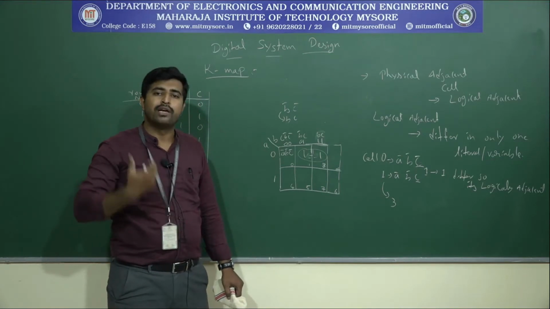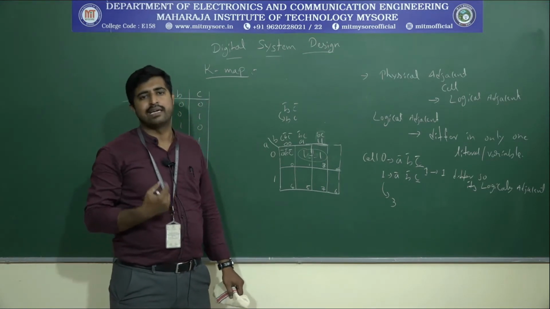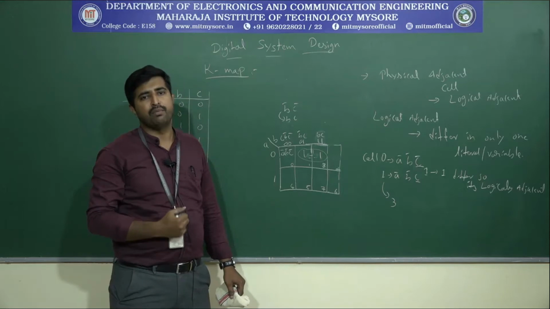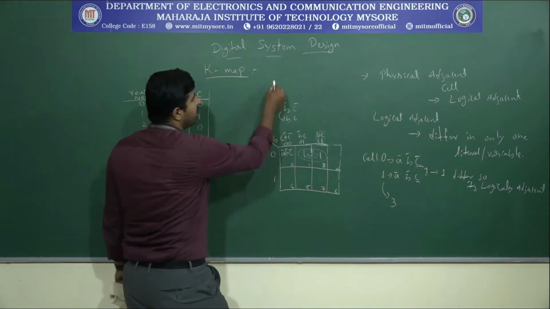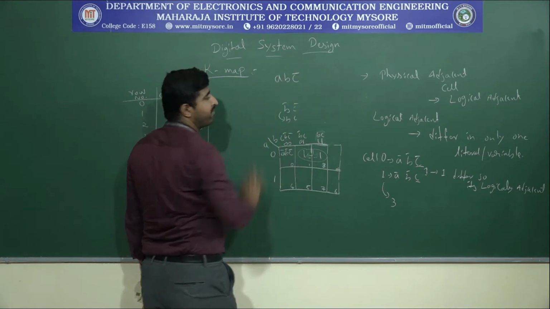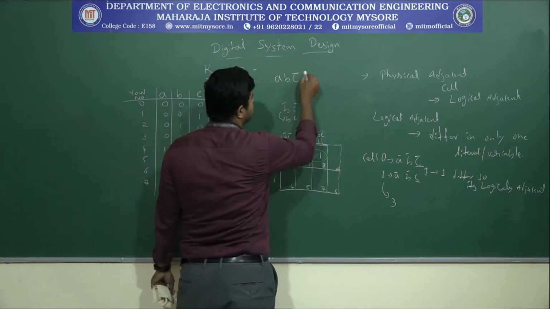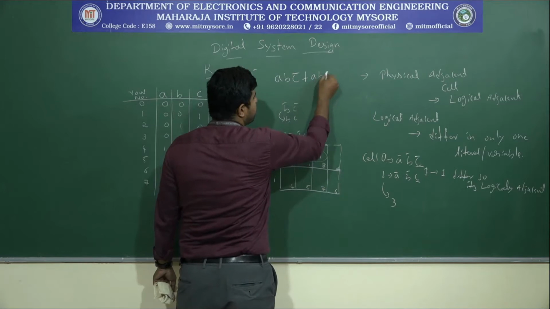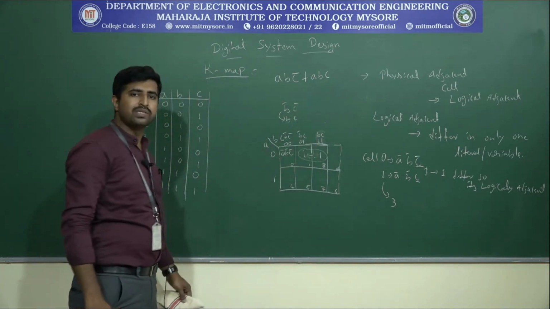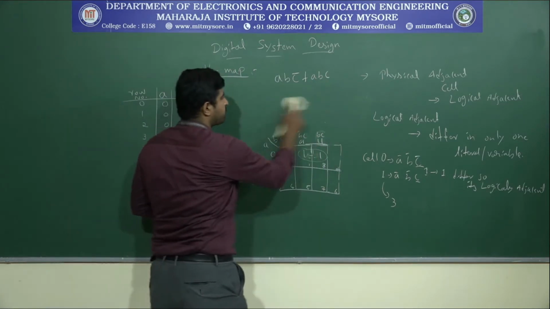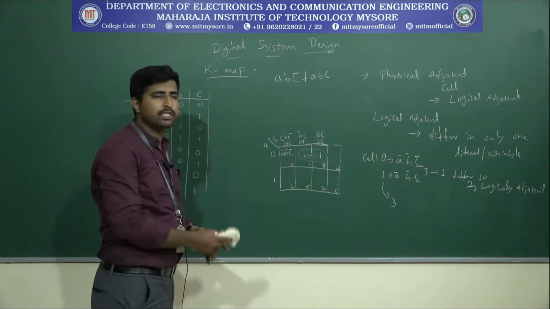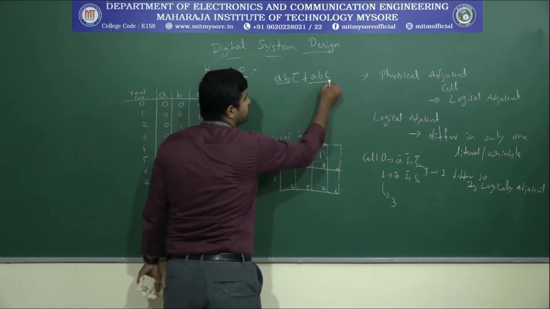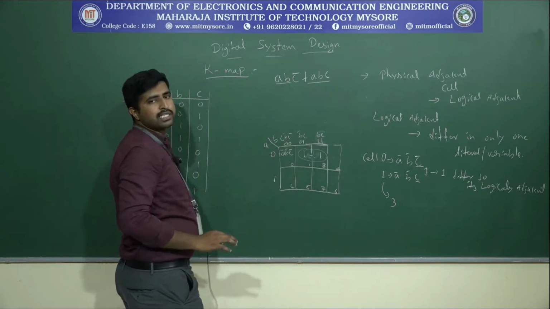We need to remove the redundant literals. Redundant variables need to be removed during the simplification process. Assuming we have a function A B bar C bar plus A B C. So this is the equation we have. How will we simplify it normally using Boolean theorems? By seeing these two terms, we will get to know.